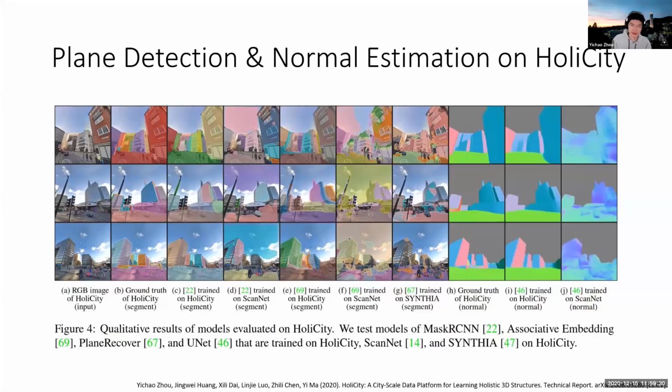What you can do is either transfer learning, so you train on another data set, or train on a synthetic data set. So we do the comparison to show that actually, a purpose-built outdoor data set is much more helpful.